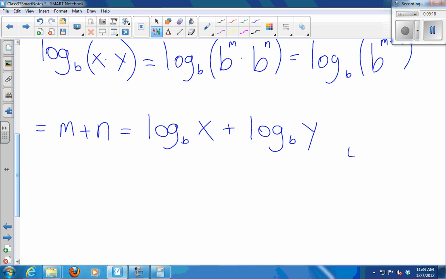So we proved it. This equals this. And the reason it happens is because we had to use laws of exponents along the way. So logarithms follow the rules of exponents because logs are exponents.